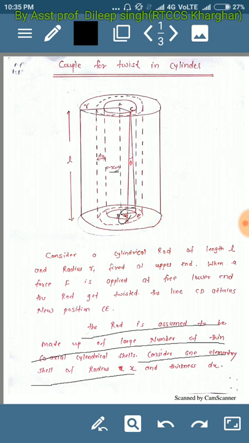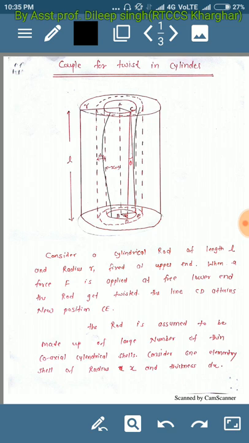This is the radius x. The actual rod is this, having radius r, but we are considering a small thin coaxial rod having radius x, this part, and thickness dx. Here is the dx.